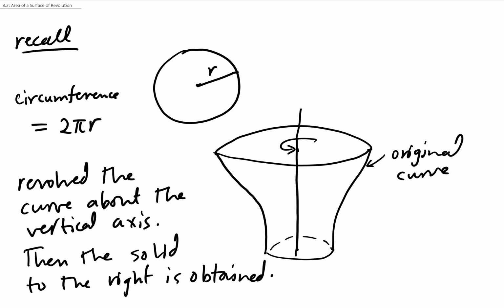And this solid, or this surface, has an area outside, the area of the surface. We are interested to see how to use calculus to calculate the area of that surface, right? The area of the whole surface.